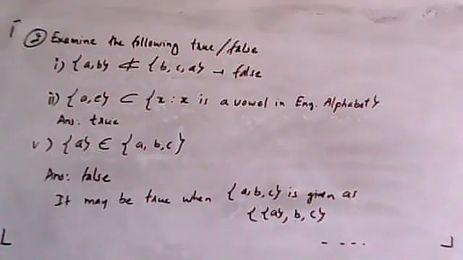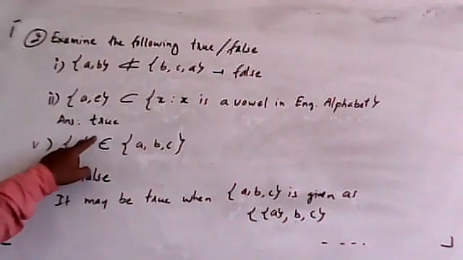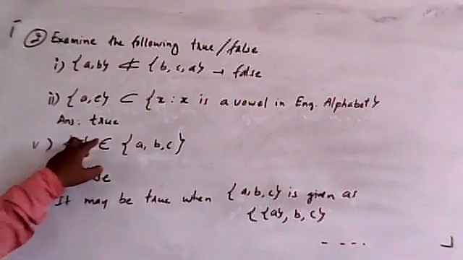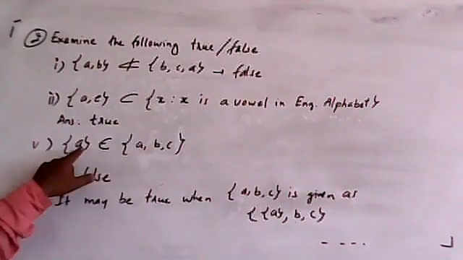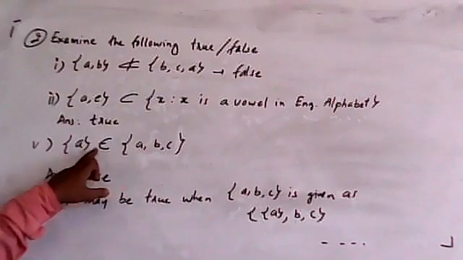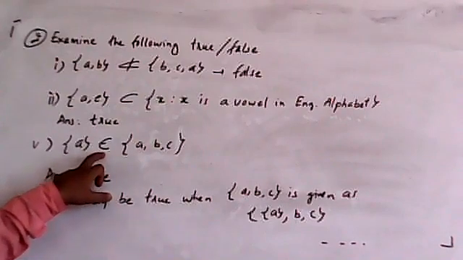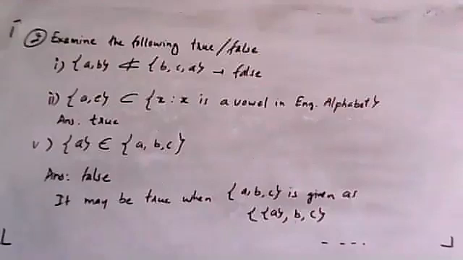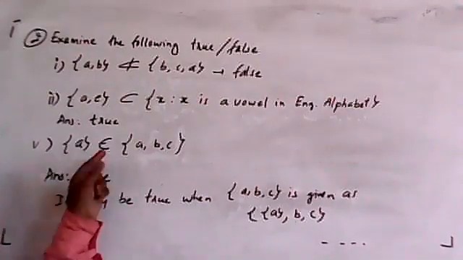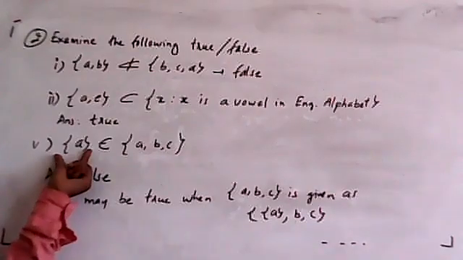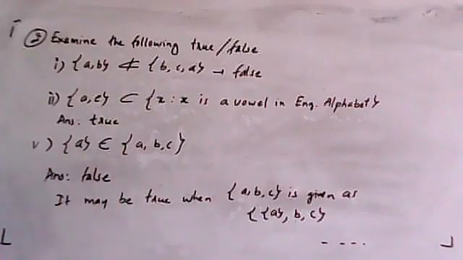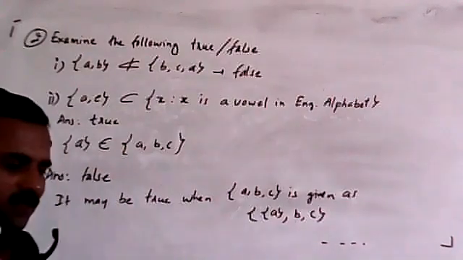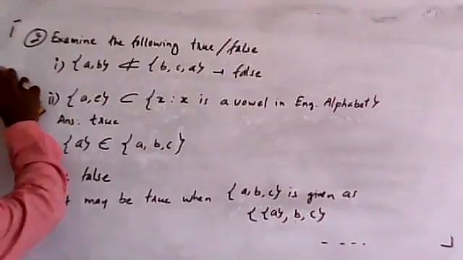Suppose they are writing B along with the flower brackets. Then B must be written as within the flower brackets only, but B is open now. Or else if they are writing in flower brackets A, and instead of belongs they write subset, it could be correct. Right? But they wrote belongs. So belongs means the same kind of things will be there. Along with flower brackets only, A should be given. Here it is not given, so it is not. Okay? Let's go for the next question.